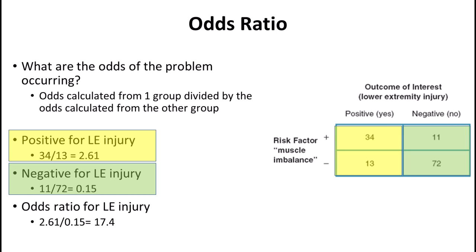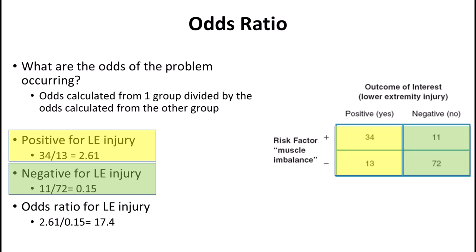To calculate these odds, you take the individuals that are positive for muscle imbalance, which are 34, and you divide that by 13, and that'll give you 2.61. Those are individuals who are positive for lower extremity injury.